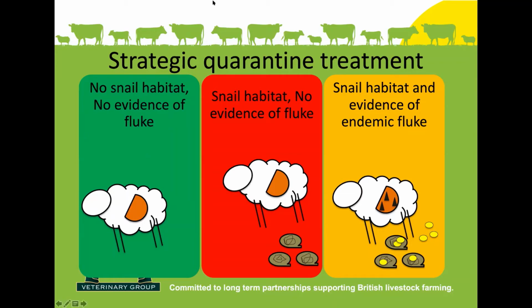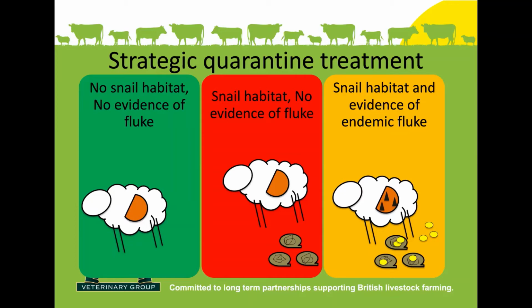Now, the second one is, yes, I have snail habitat, but I haven't found any evidence of fluke. So our risk is that we buy in an infected sheep and they infect our snails, and then your farm goes from a farm that has the environment to potentially have liver fluke to having liver fluke.